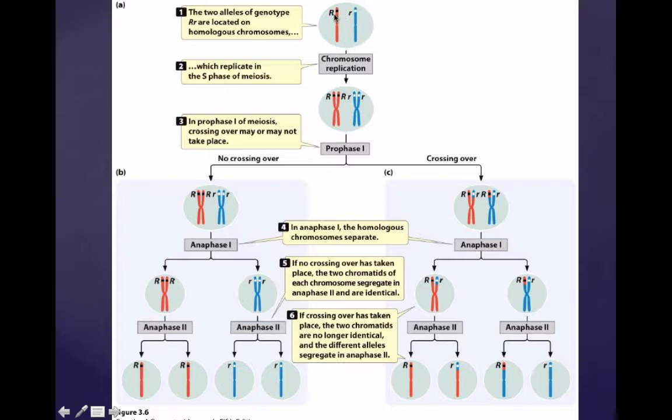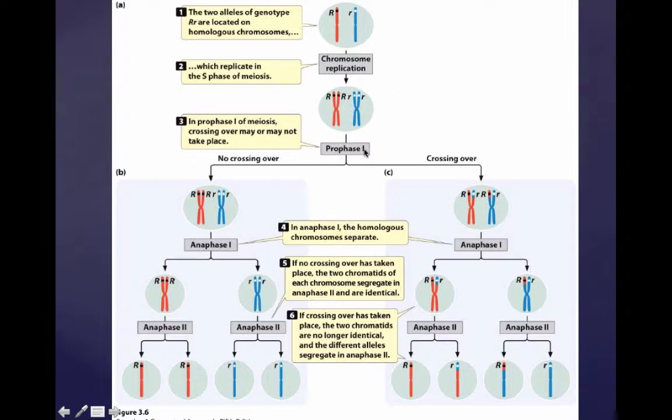And on that chromosome, we've got a big R allele for seed type from mom, and on the chromosome from dad, we've got the little r allele for seed shape. As those two alleles are on homologous chromosomes, they are going to go through the replication process, which happens in the S phase of meiosis.